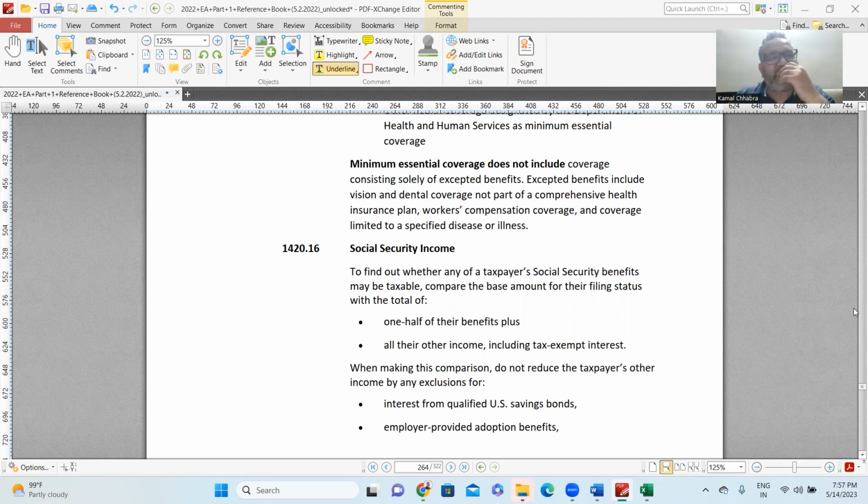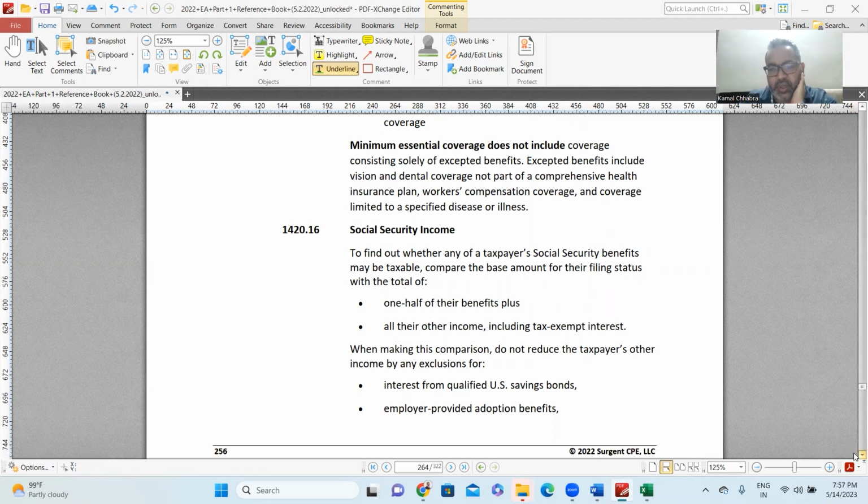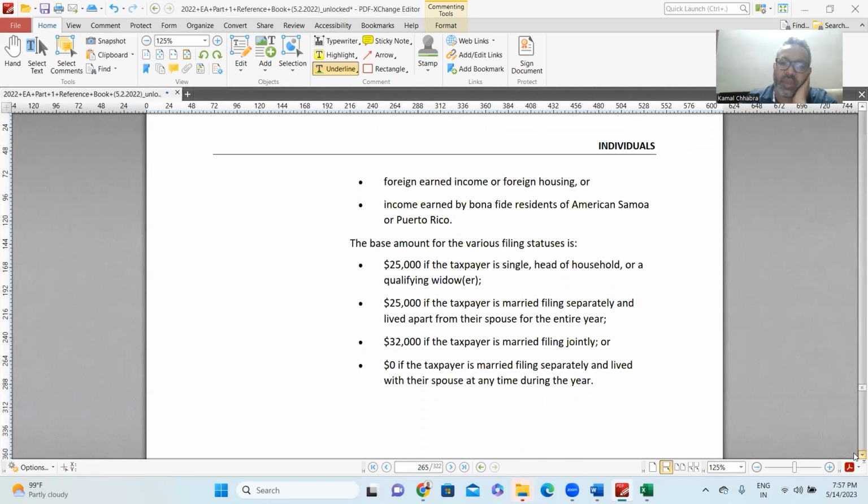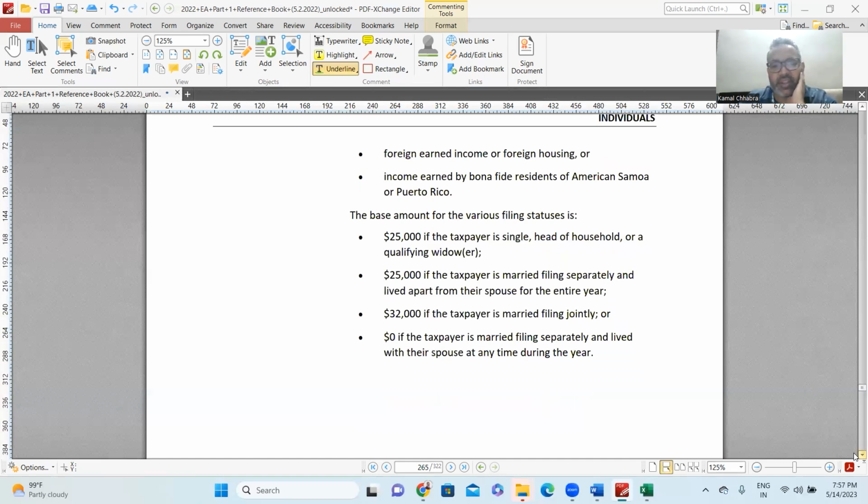But to what extent is it non-taxable? One half of their benefit, that means 50% of the social security, plus all of their other income, including exempt interest, foreign income, bond income, and everything. Up to that amount, it is exempt. And the base amount for the various filing statuses is this much. That's what it means. Okay.